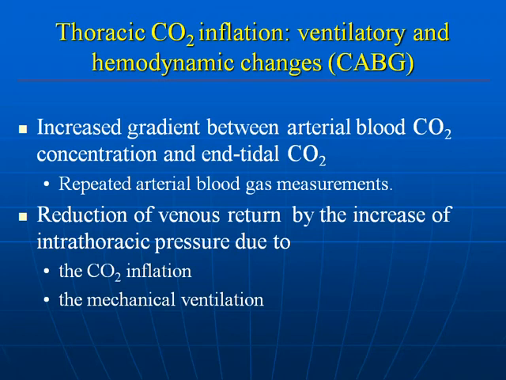Number two, when you give CO2, you increase the pressure in the intrathoracic cavity, and therefore you reduce the venous return due to the intrathoracic pressure that is increased by the CO2 inflation, and also by the mechanical ventilation, because of course you have to continue mechanical ventilation either unilateral or, as I said earlier, with both lungs and decreased tidal volume.